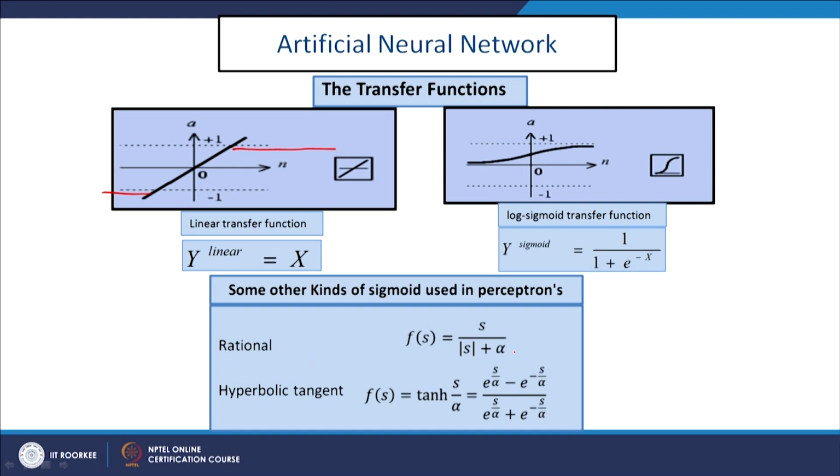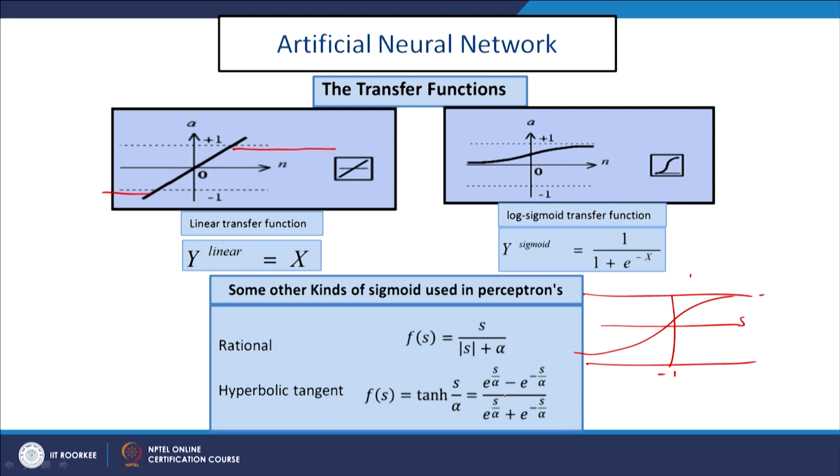Other functions are given by f of s equal to s by mod s plus a, where a is any constant. Here also the graph of this function varies from -1 to +1, and it will look like this. When s is 0, the value is 0, and for infinity it is 1, and when s is minus infinity it is -1.